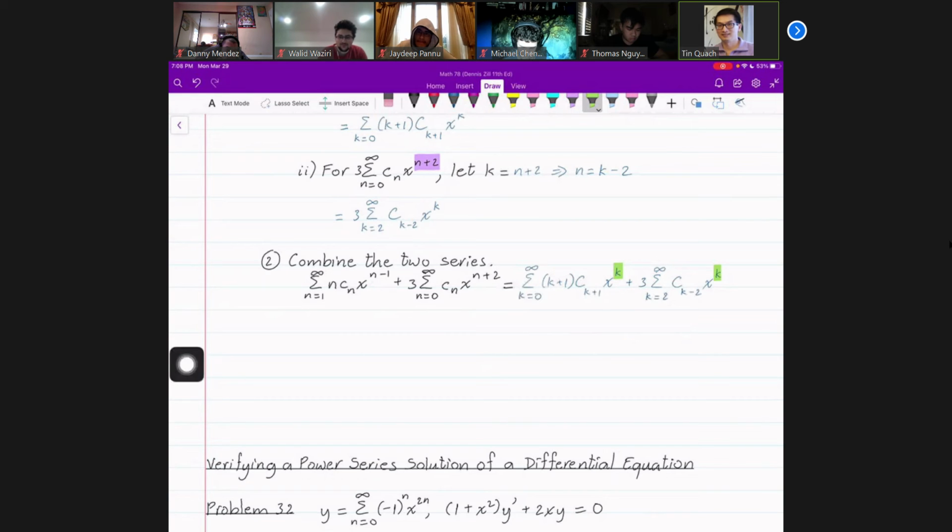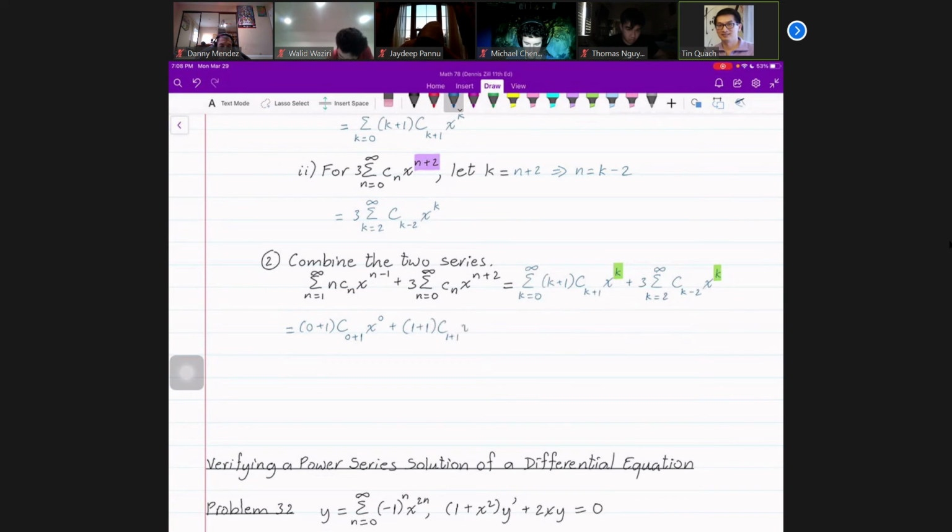All right, so let's find out. When k is equal to 0, you have 0 plus 1. So let's plug it in: 0 for k plus 1, c sub 0 plus 1. I'm going to do all the steps for you. And then x to the 0 when k is 0, right? And then when k is equal to 1, you get 1 plus 1, c sub 1 plus 1, x to the first power.